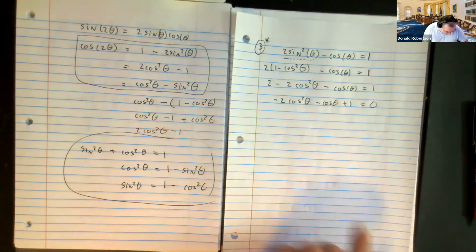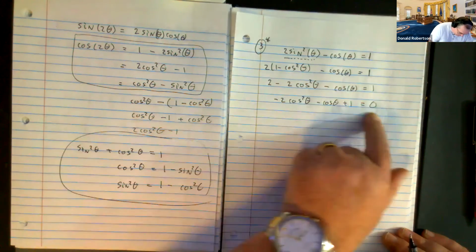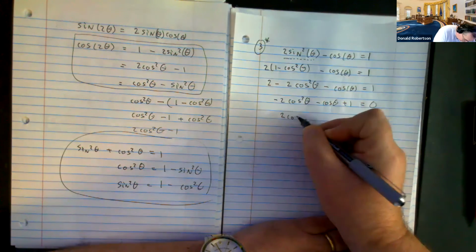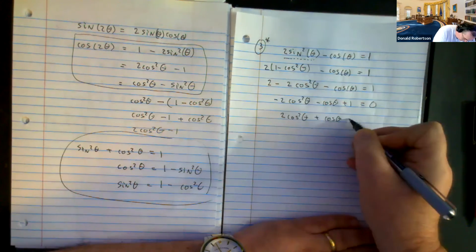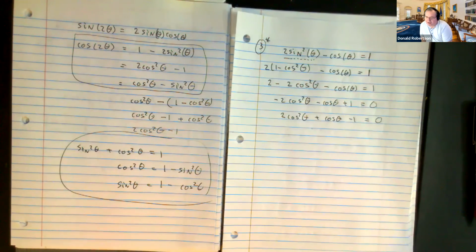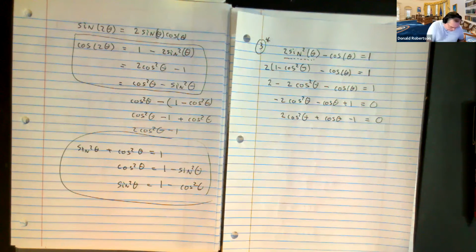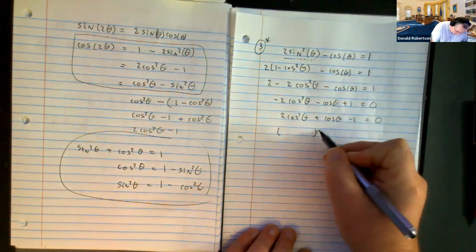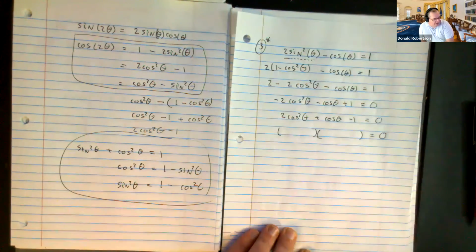Now, nobody should want to factor this, so I'm going to multiply both sides by -1. Would you agree that's an improvement to what it looked like a minute ago? We have seen this one for the 4th time. Can you see a quadratic, this time in cosines? And if it's a quadratic, it'll factor.